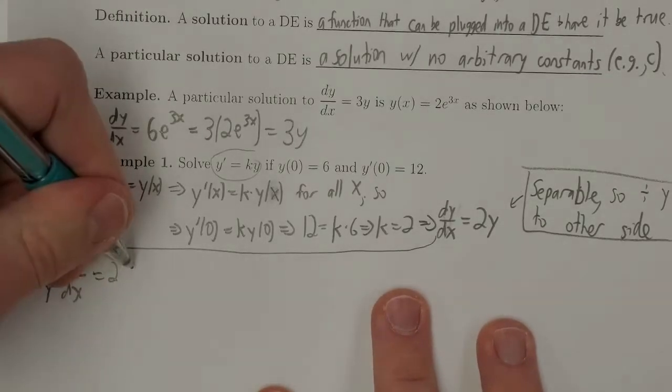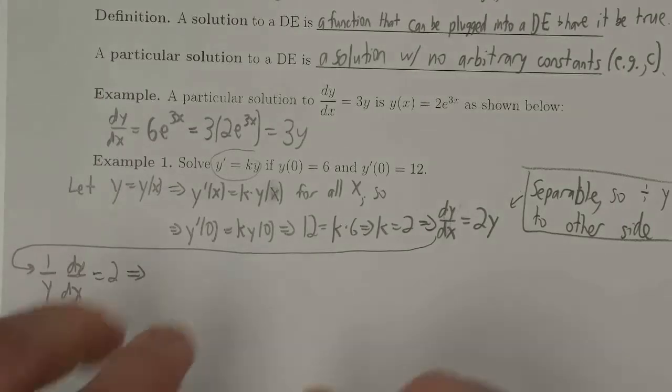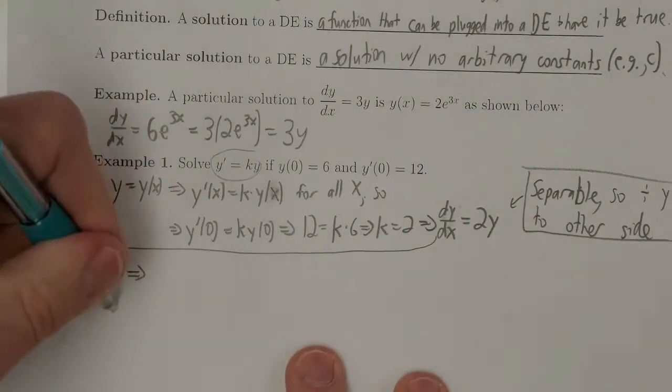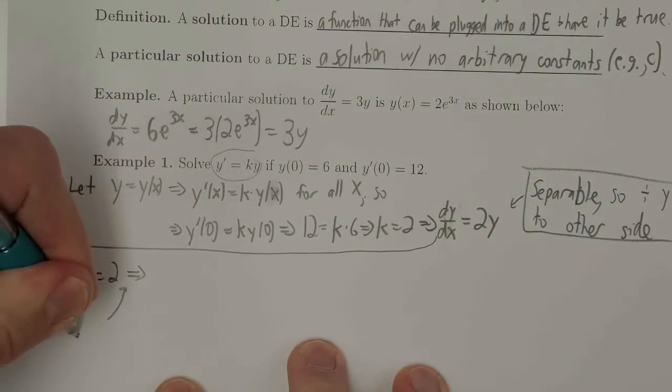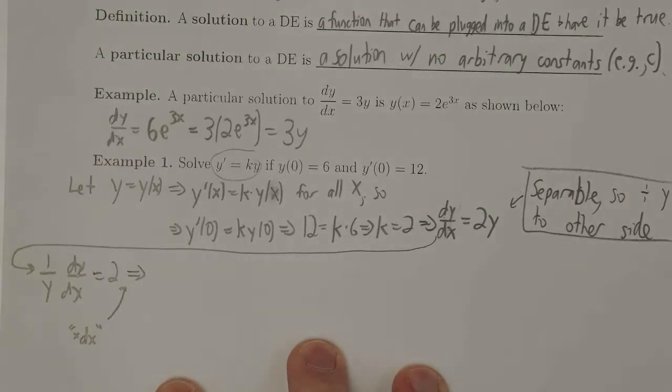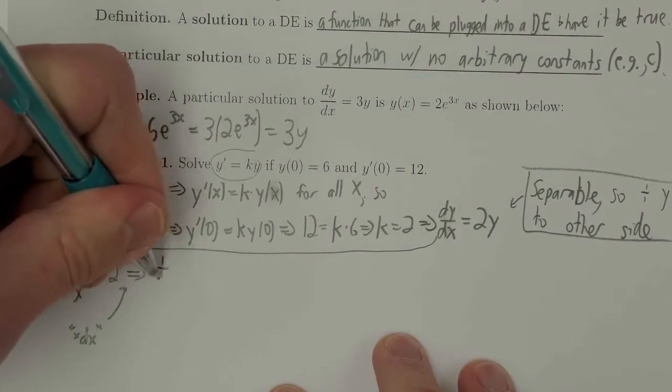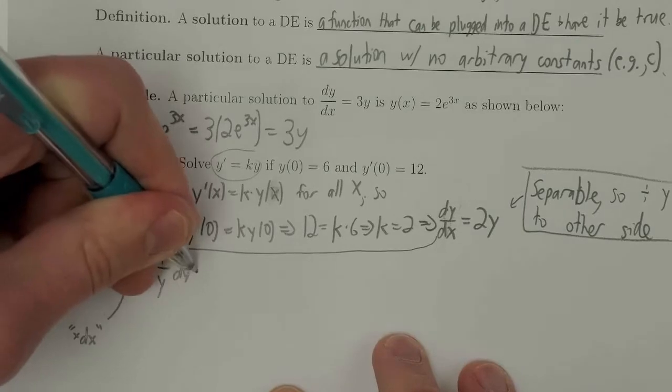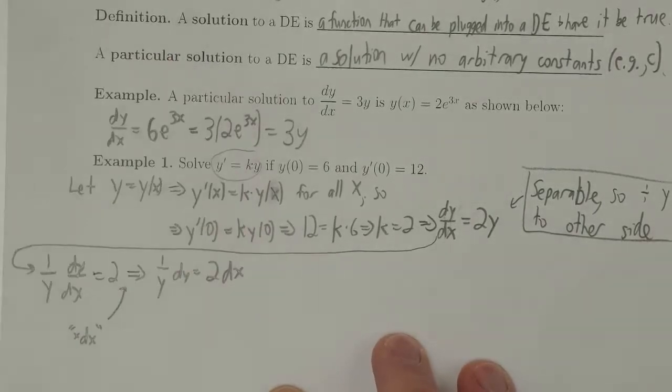So what I'm going to do now is quote-unquote multiply by dx. So we have 1 over y dy equals 2 dx. Okay? Now this is a technique that's known as separation of variables.